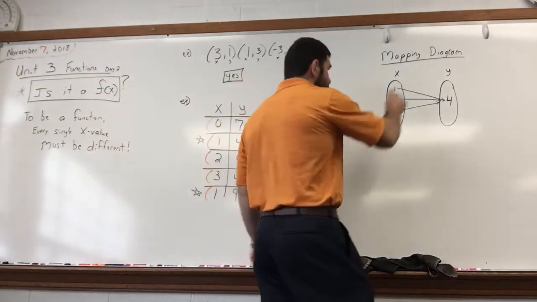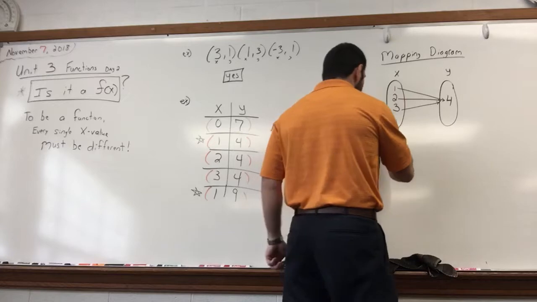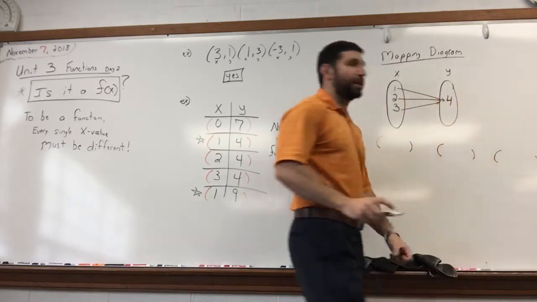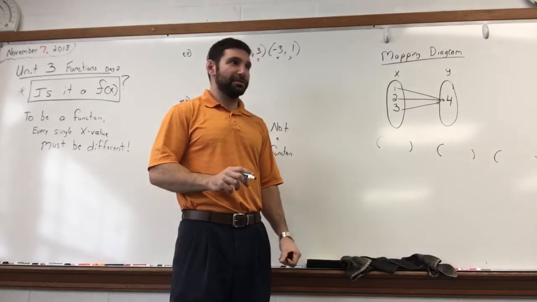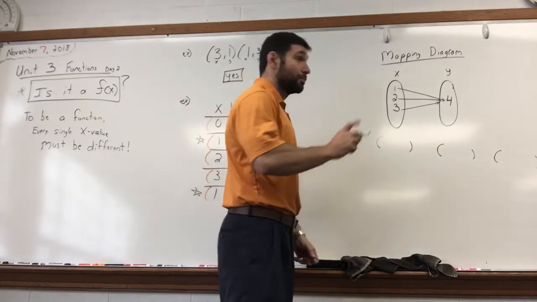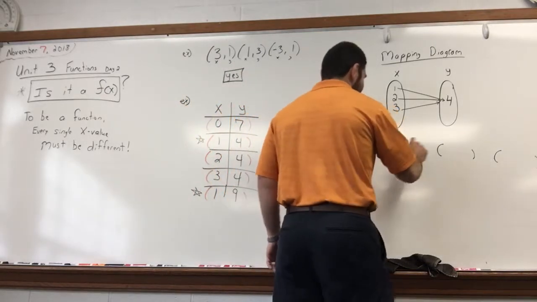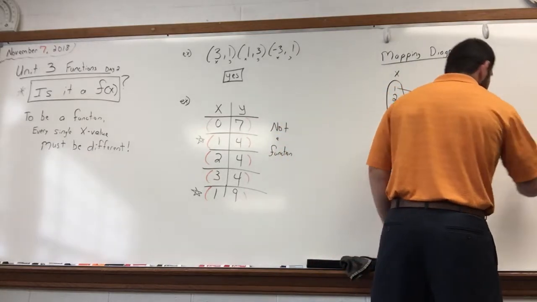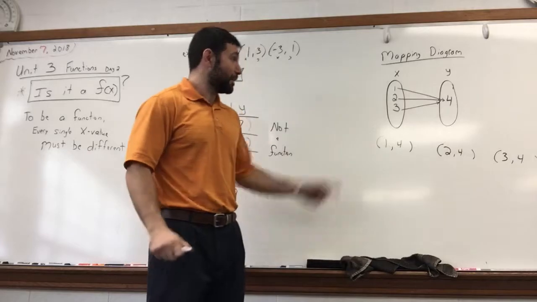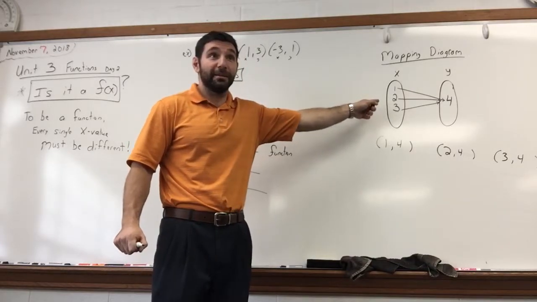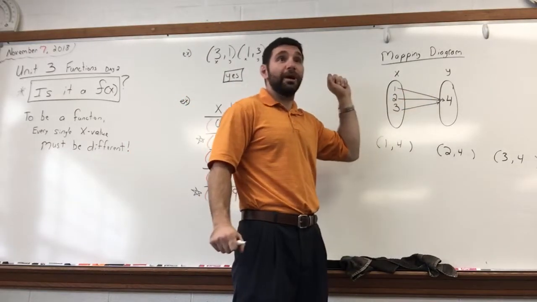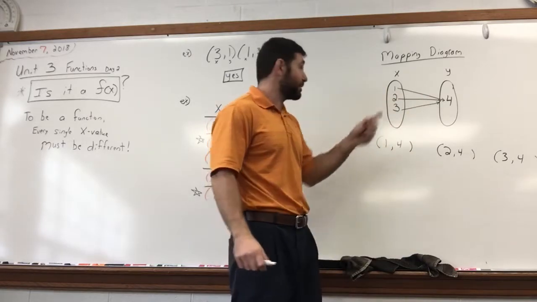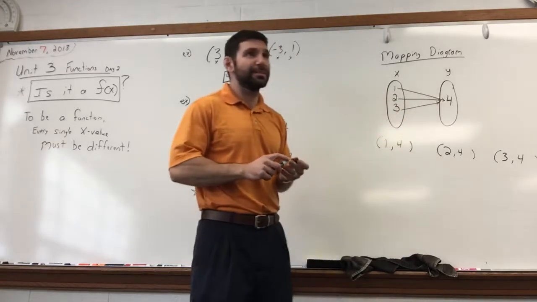If I tell you this mapping diagram really shows 3 ordered pairs. Brooklyn: Wouldn't it just be 1, 4; 2, 4; and 3, 4? It would, Brooklyn. That's what this is saying. Notice how there's one arrow coming off of 1, which is in the x place, one arrow coming off the 2, and one arrow coming off the 3. Is this a function?